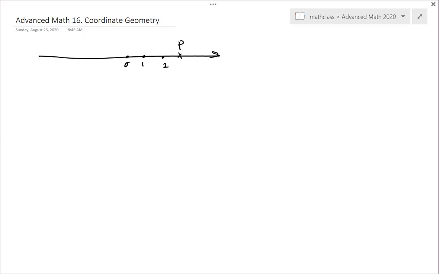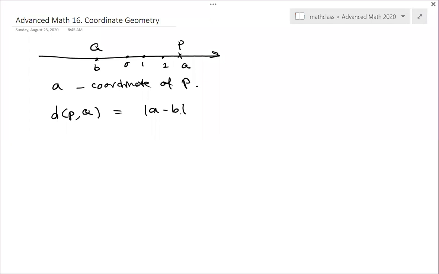That's a point P. If that number is called A, then we say A is the coordinate of the point P. Now, if we have another point Q with coordinate B, how do you measure the distance D between P and Q? You take the difference of those two coordinates and take the absolute value, because you don't know which one is larger.